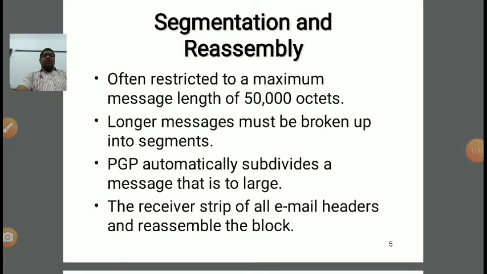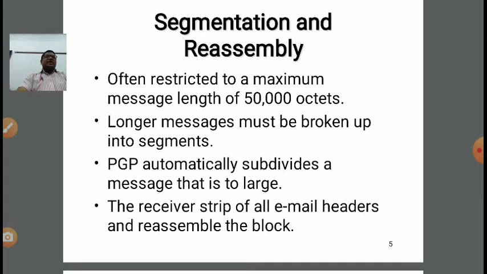Now PGP automatically subdivides a message that is too large. If the message is larger than 50,000 octets, PGP will automatically or implicitly divide it into different parts.